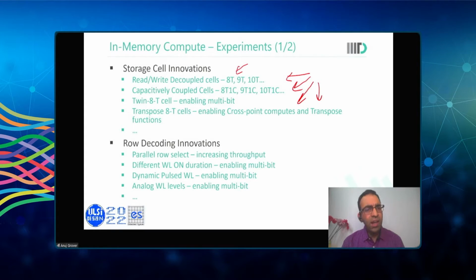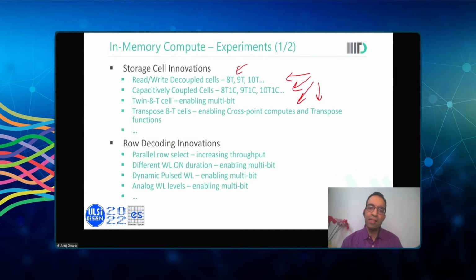There are innovations happening on the row decoder side also. A row decoder was always considered to be a very simple circuit, a simple address decoding circuit. But today, it's not just that. When you talk of in-memory compute, you need to talk about parallel row selection to increase the throughput. There are experiments about changing the word line on duration, again to enable multiple bits, so that the word line on duration is dependent on the feature vector that you want to calculate.